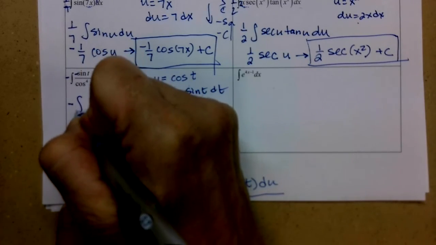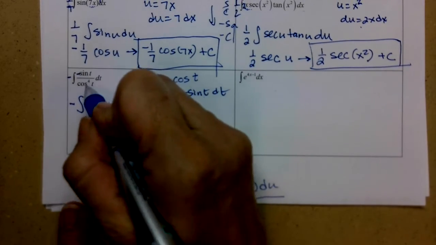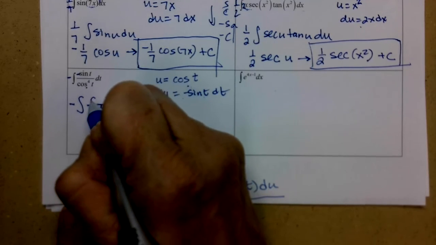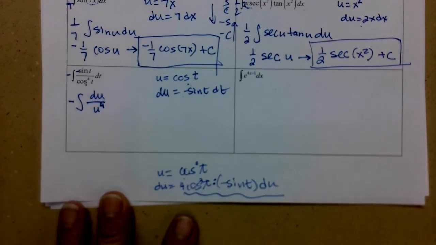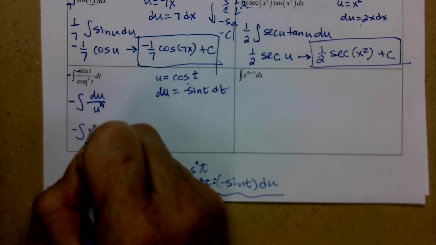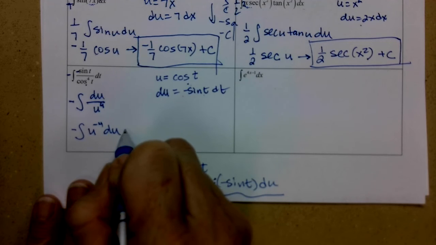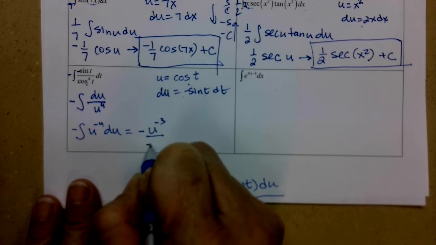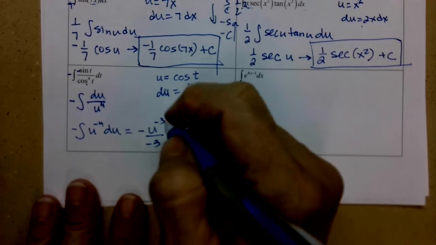I have negative integral. I've got a u to the fourth in the bottom and a du on top. We can do that, right? So we can rewrite that as negative integral u to the -4 du, power rule, negative u to the -3rd over -3. Add 1, divide by the new.